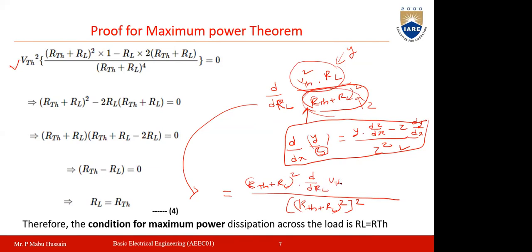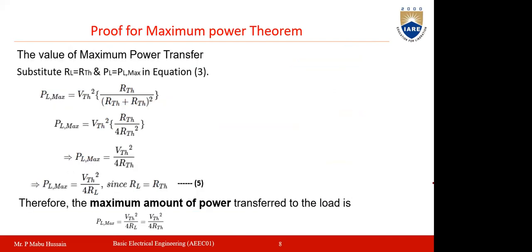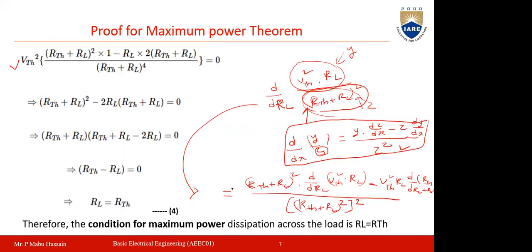So it is V Thevenin square into RL, minus, and the numerator you keep as it is. Again differentiate with respect to RL the term which is (R Thevenin plus RL) whole square.